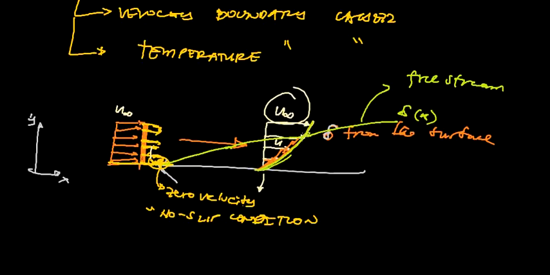So at this point it retarded the motion of your fluid until the distance sigma from the surface, from here to this point.